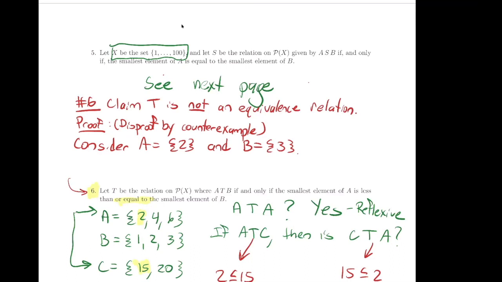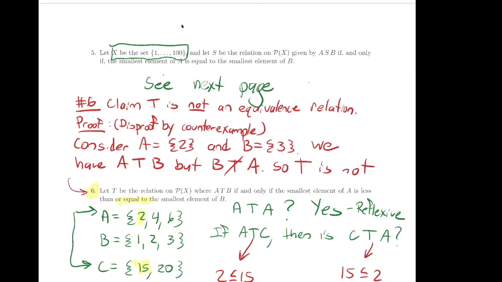Here's a simpler one where we have A is related to B but B is not related to A. So T is not reflexive, or excuse me, symmetric. And that's all we need to do for disproof. Okay, any questions of that?